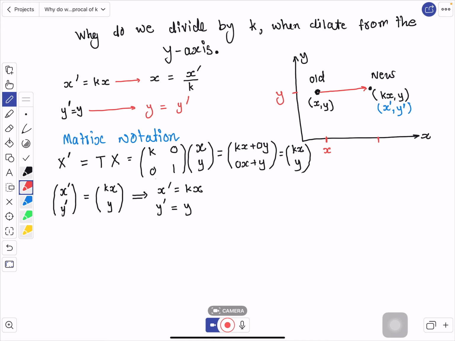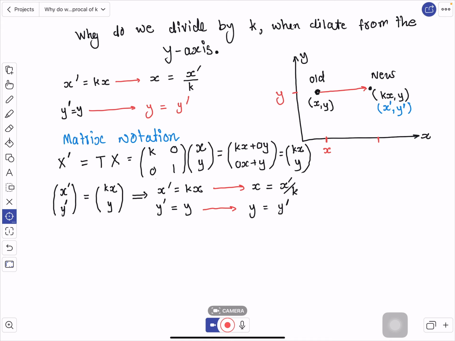If we solve this for x, we get x equals x dash over k, and y equals y dash. So again, we reach the same conclusion as in the previous case. That was using the general rules, and this is using the matrix rule.